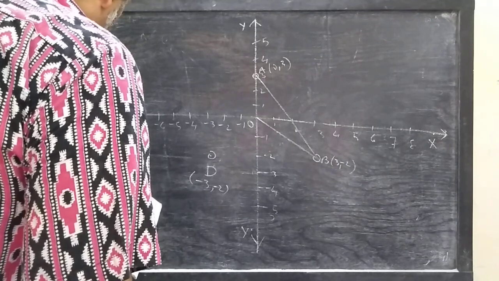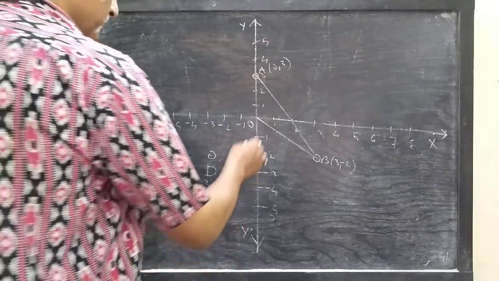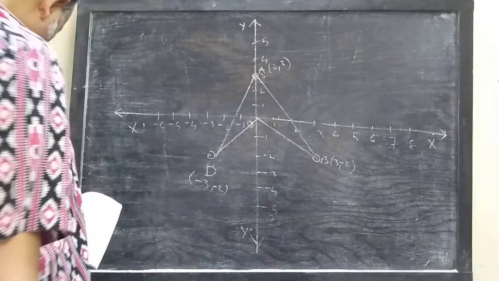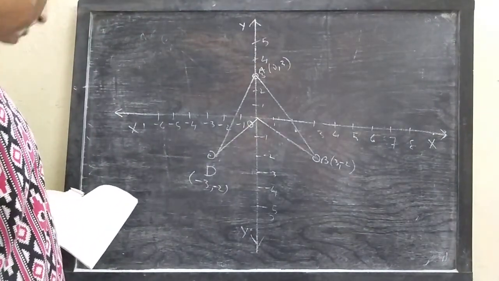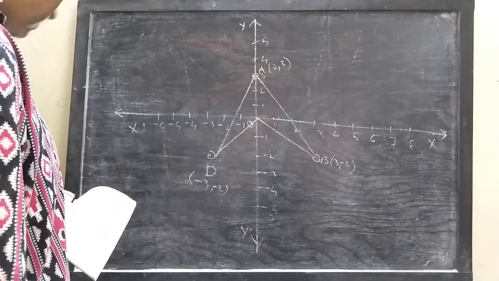Give the geometrical name of the figure ABOD. Kite, you may call it kite or you may call it arrow. So what is the line of symmetry?